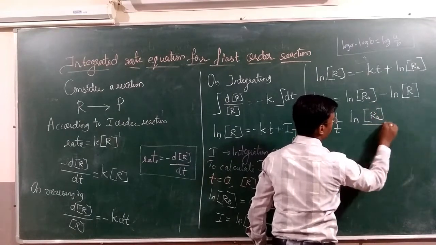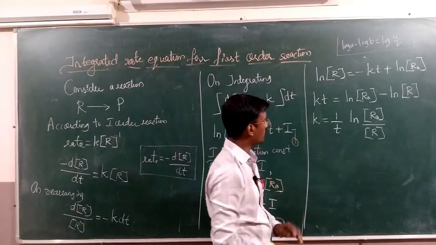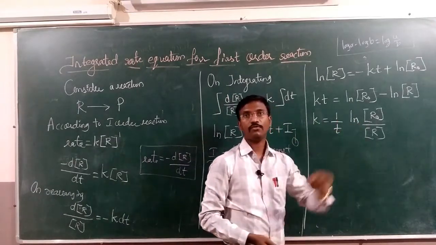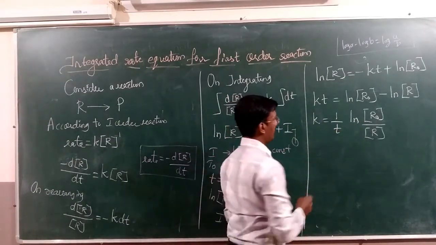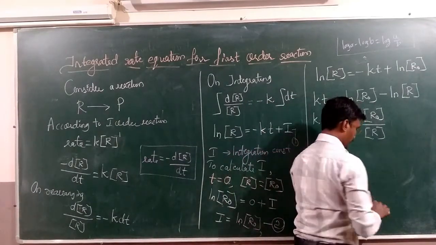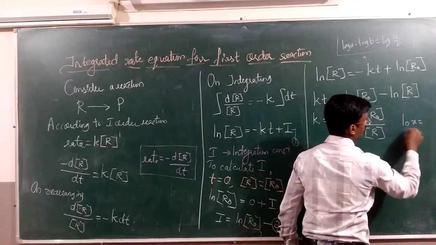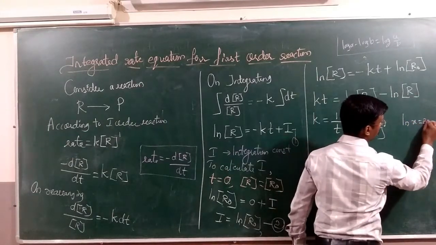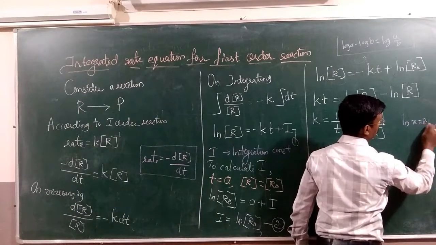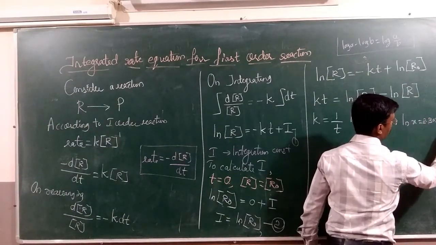Ln R0 divided by R. Now we are going to convert the ln into the form of log by taking a constant, that is, ln x can be converted to log x. To make it log x, we have to multiply by 2.303 log x to the base 10.